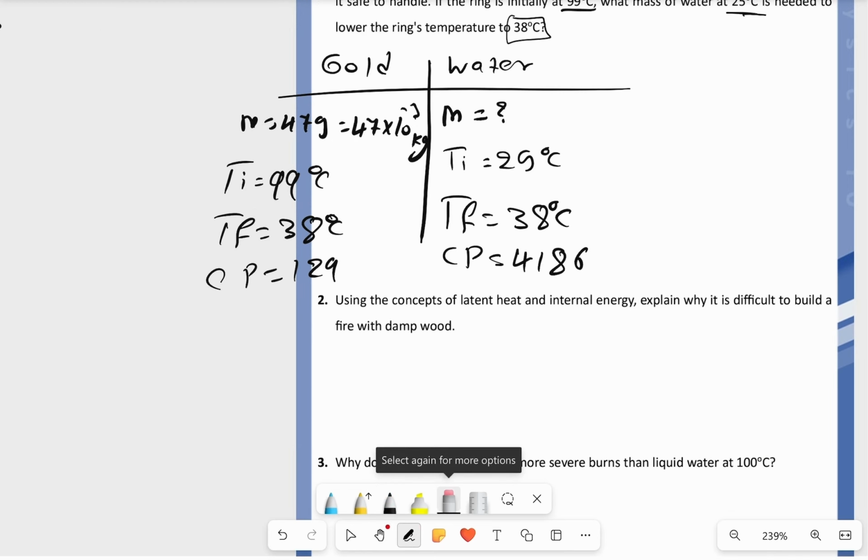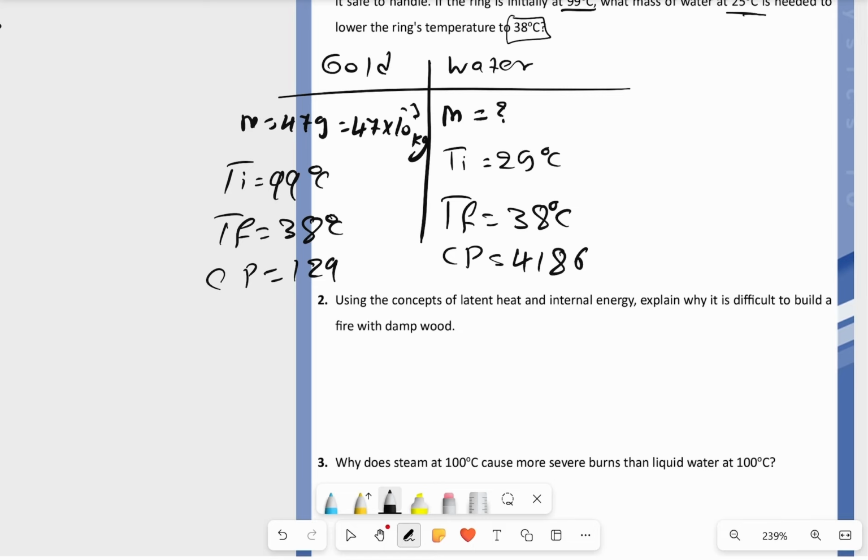Using the latent heat concept of heat and internal energy, explain why it is difficult to build a fire with damp wood, basically wood that is wet. Why is it difficult? First of all, we're going to need a lot of energy to dry the water. That's the first thing. And then we're going to need more energy to make the wood catch fire.